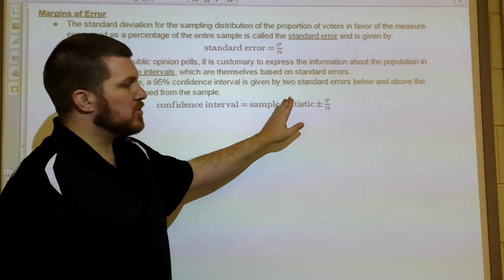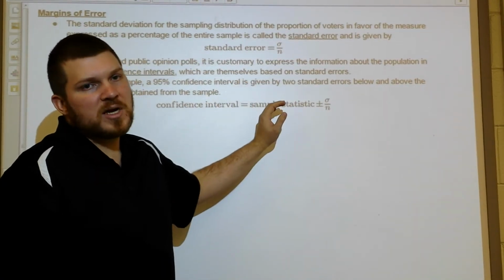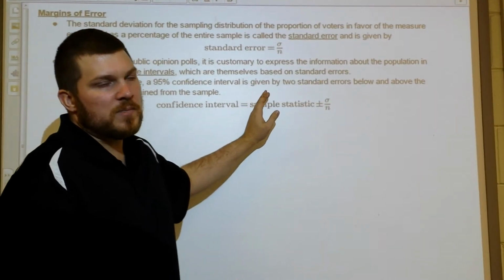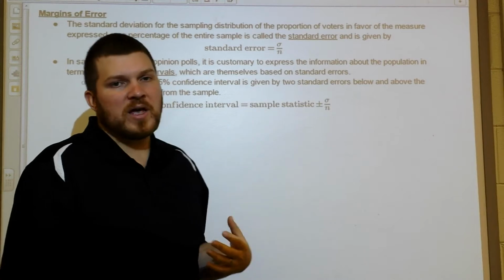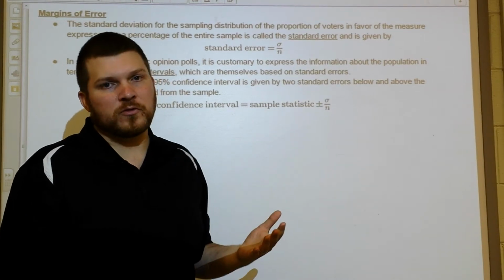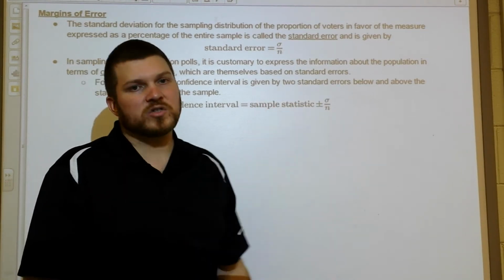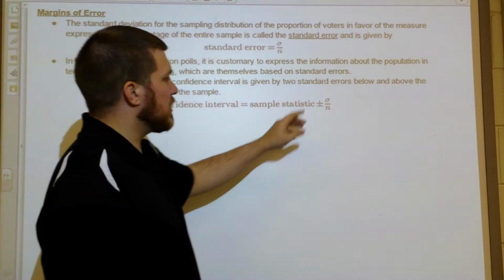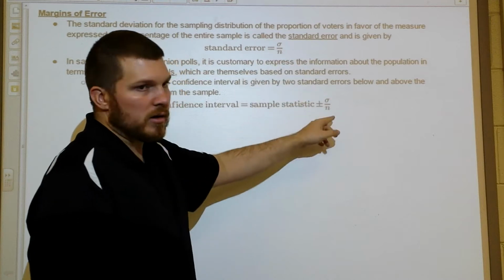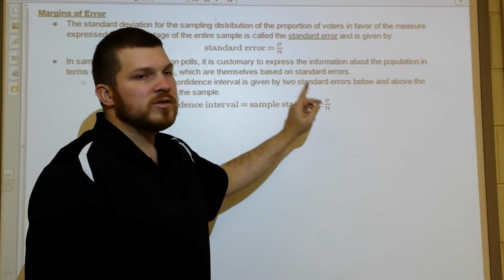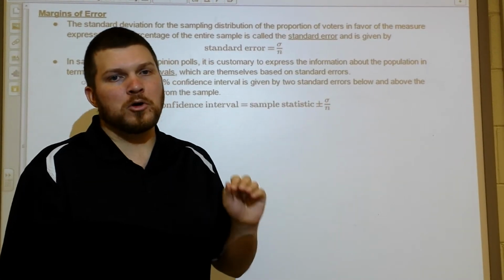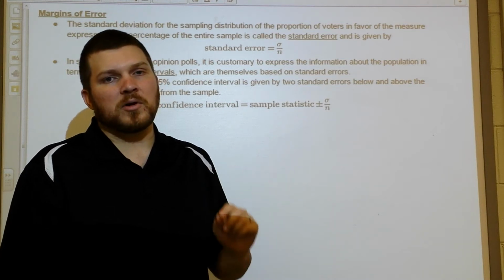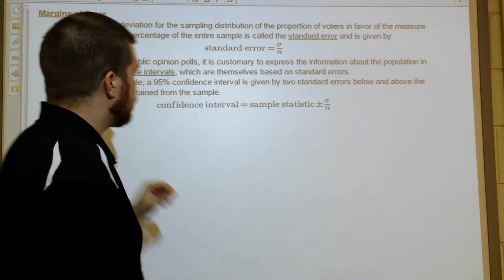So we're going to have a sample statistic like 68% plus or minus 3%. 68% of the people that were surveyed are in favor of the new bond measure for the new school, plus or minus 3%. So that's what we're calculating here. It's a sample statistic plus or minus your standard error, which again was your standard deviation divided by the number of people who were interviewed, not the number of people who actually voted, the number of people who were interviewed.